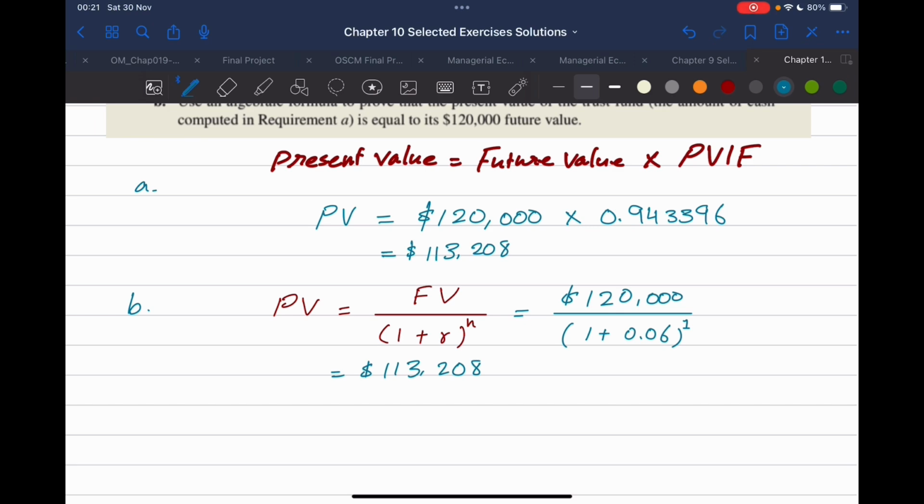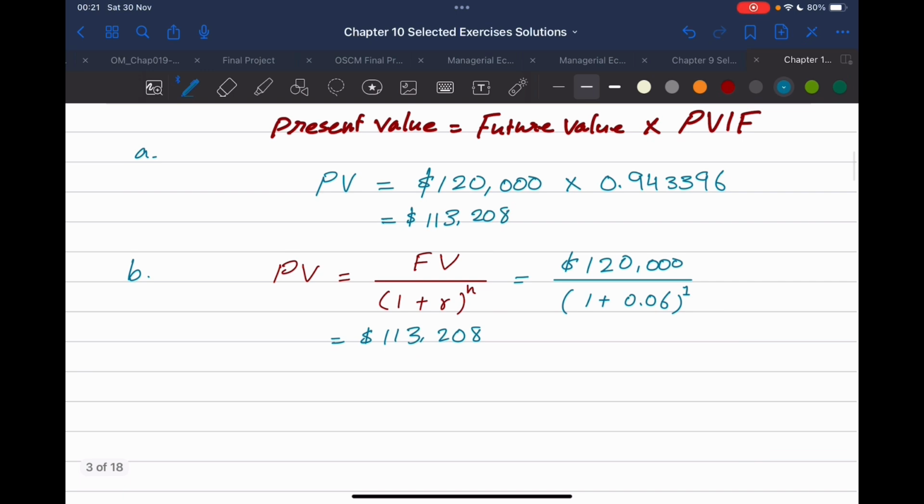Okay? If you want to do it the other way around, you can figure out if the $113,208 were to be invested at a rate of return of 6%, would it get to 120,000?